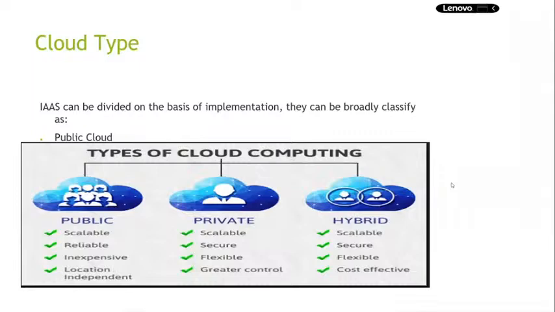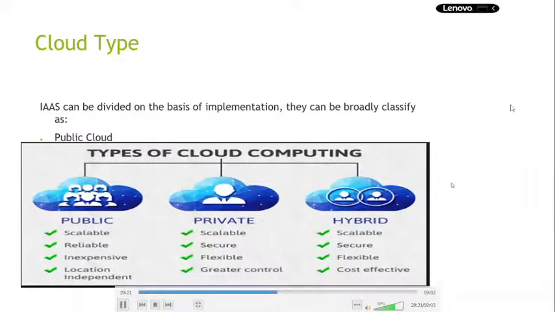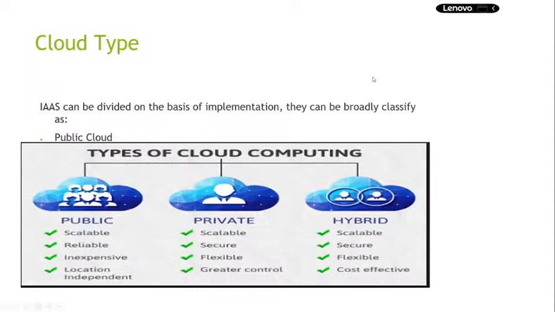Do you agree? I am repeating: the resources that can be accessed from anywhere in the world are called public. For example, I have created one virtual machine. If I share the username and password with you, you can sit anywhere in the world, connect to my machine, and perform the activities.